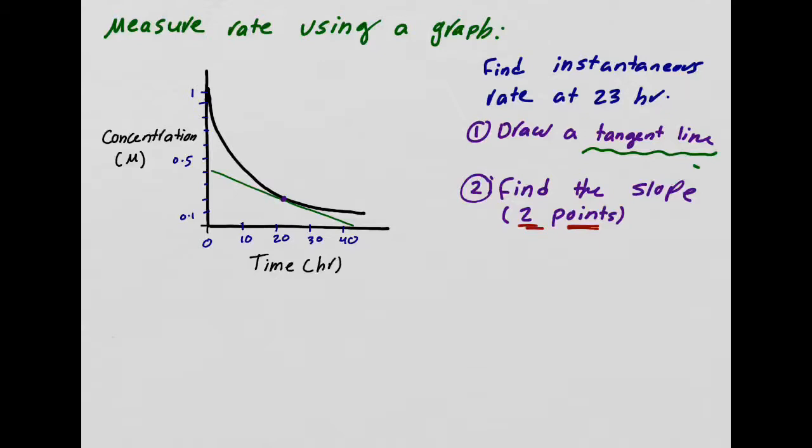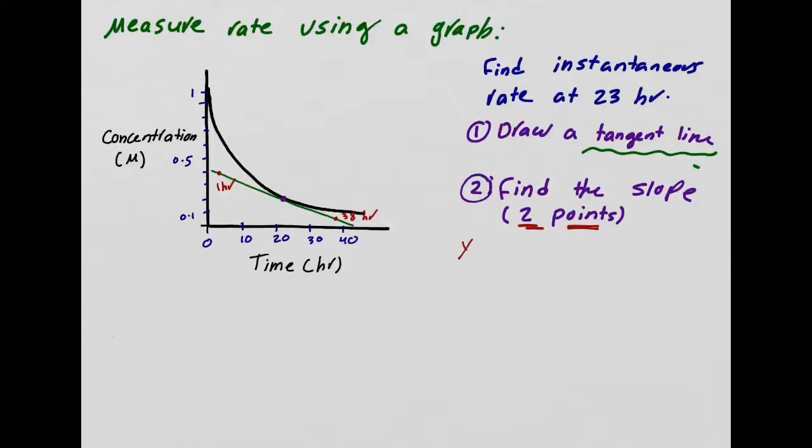Let's say I'm going to do 1 here at 38 hours, okay? That sounds good. And then I'm going to do 1 over here at 1 hour. You following me so far? So I just got 2 points on a tangent line. And you know how to find the slope.